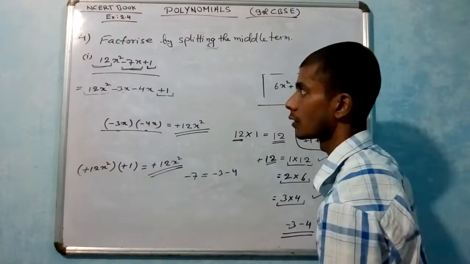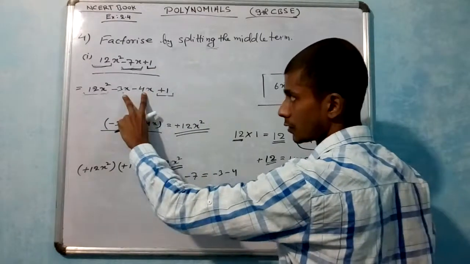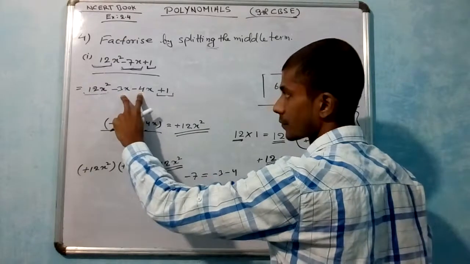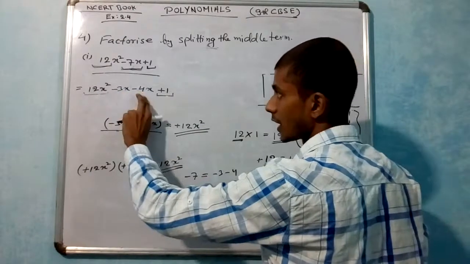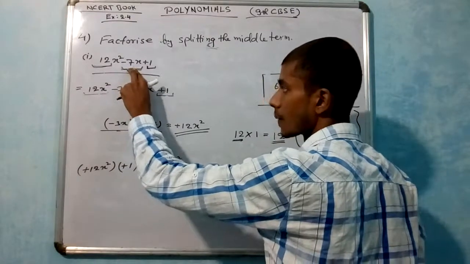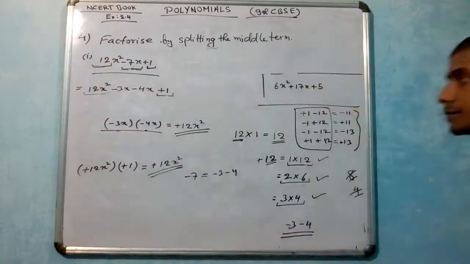What I told: the middle term must be split in two terms such that their addition or subtraction must be equal to the middle term and their product must be equal to the product of the first and last terms.